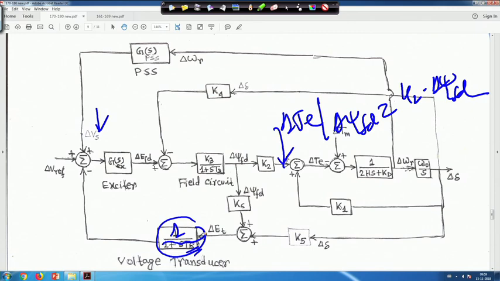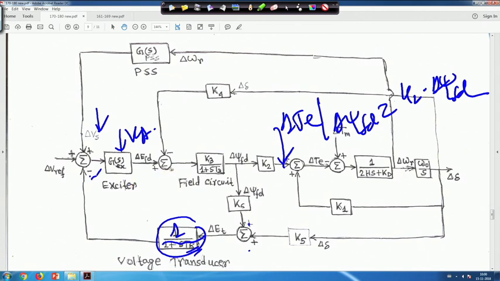In that case, this one is K, a simple gain. Then delta Vs will come, plus delta V reference, minus K5 delta, and here minus K6 delta psi FD, into K. Then the bracket will be closed.